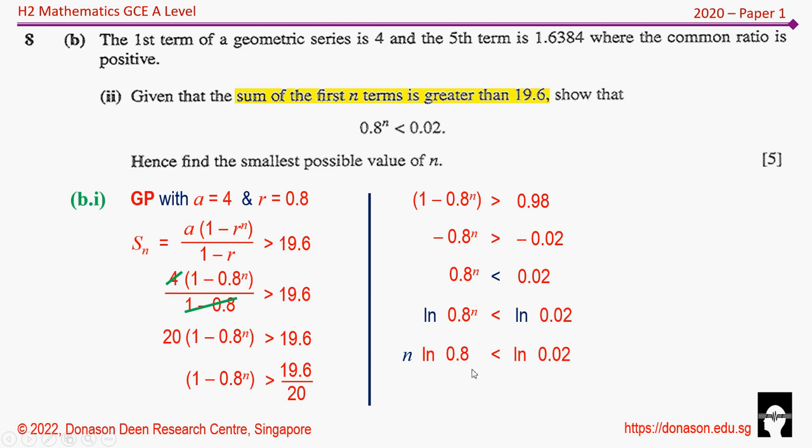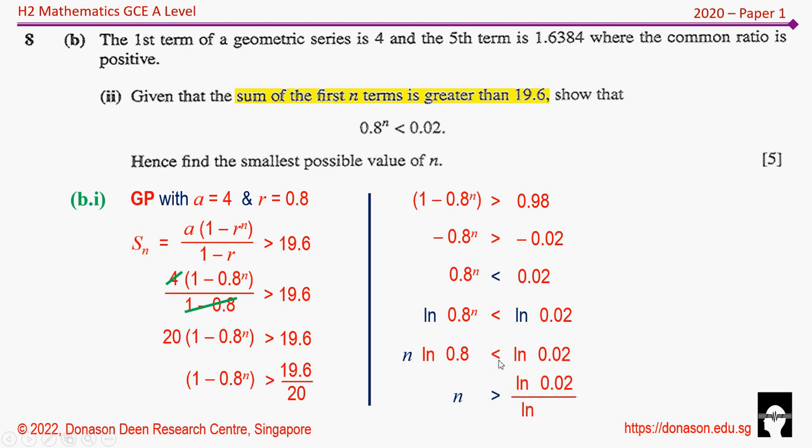And take note, the ln of any number that is less than 1 is going to be negative. So ln 0.8 is a negative number. In the next step I am going to bring it over to the right side and divide by it. And when you divide an inequality by a negative number, the inequality sign is supposed to reverse.